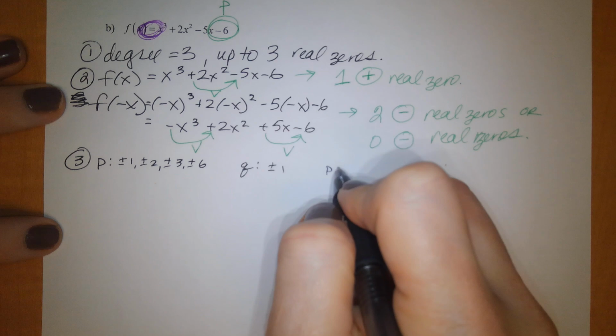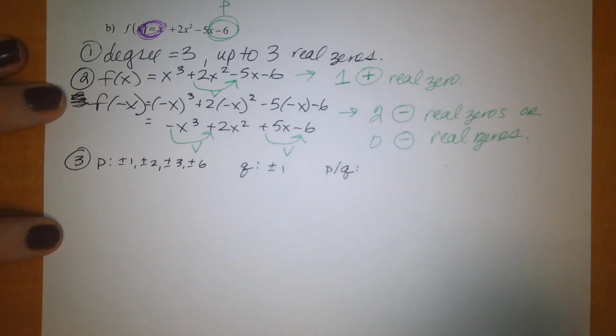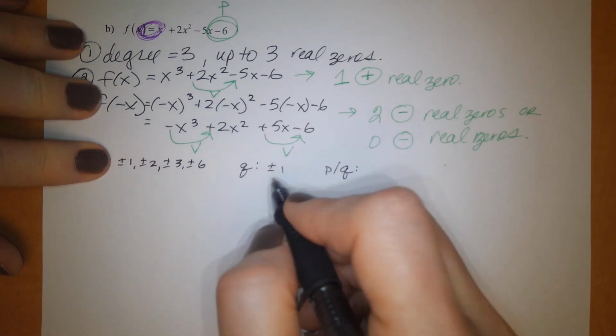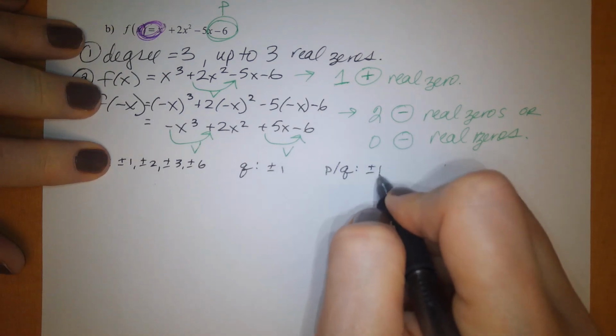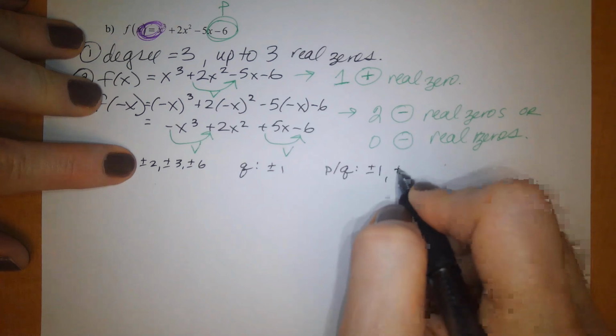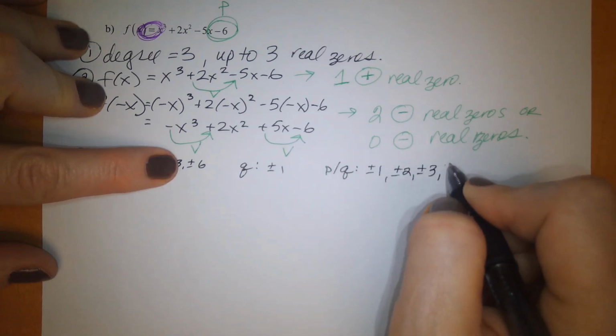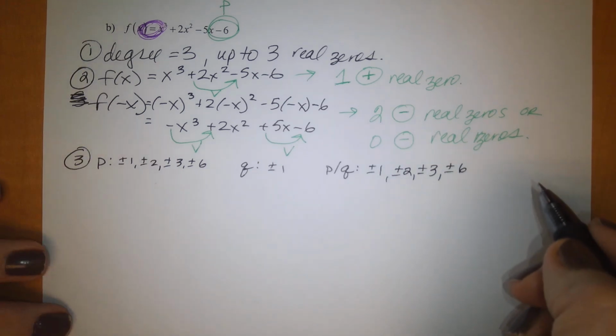Now we find P divided by Q. These are going to be all potential zeros. P divided by Q. So 1 divided by 1, 2 divided by 1, 3 divided by 1, 6 divided by 1.